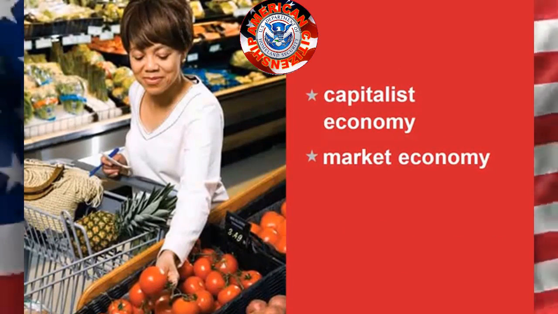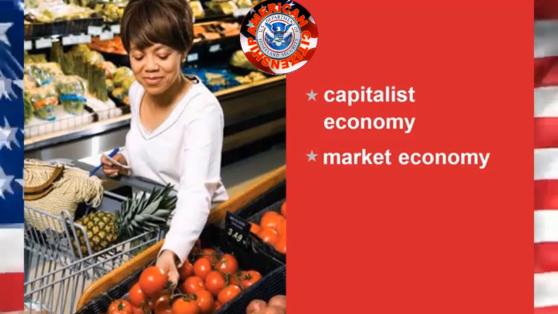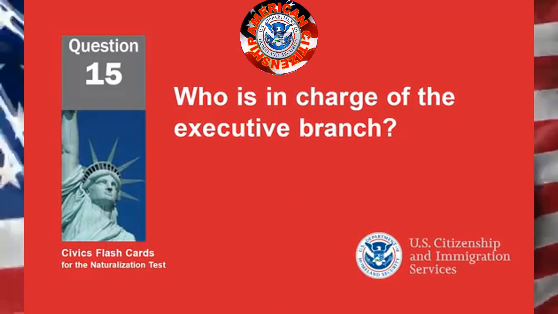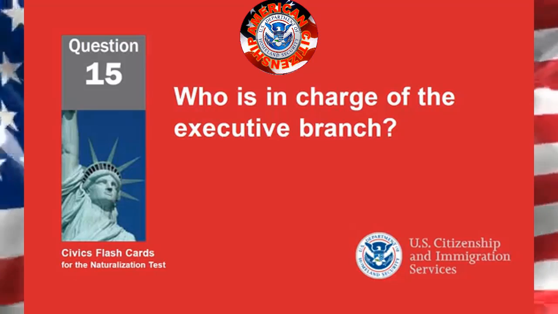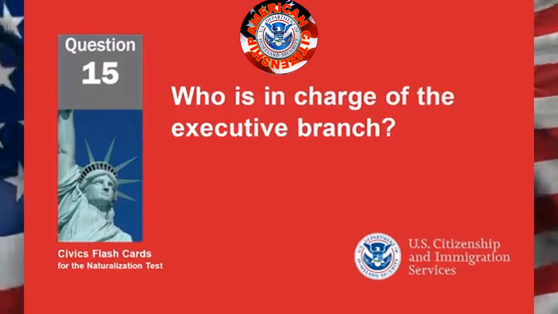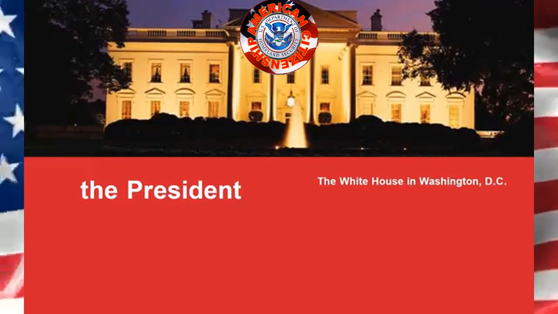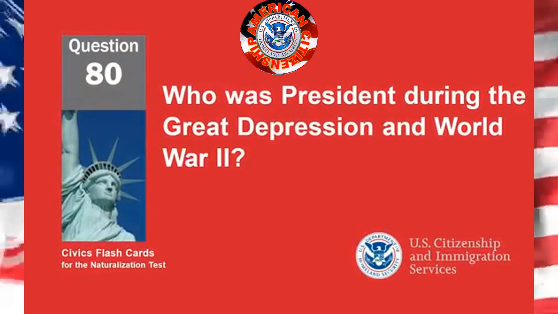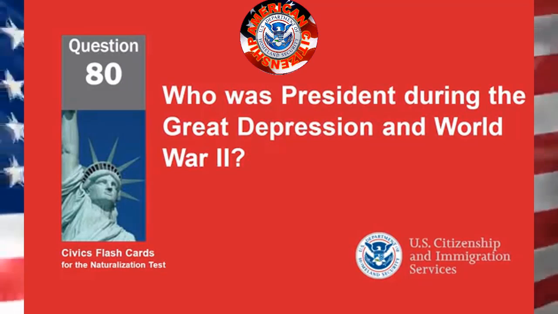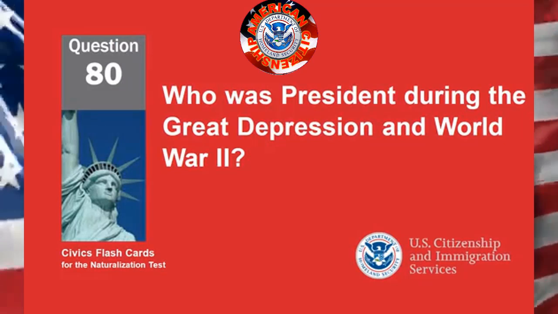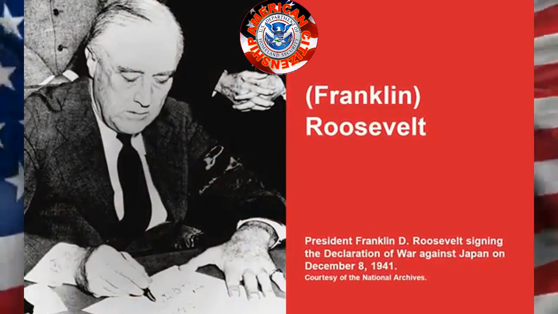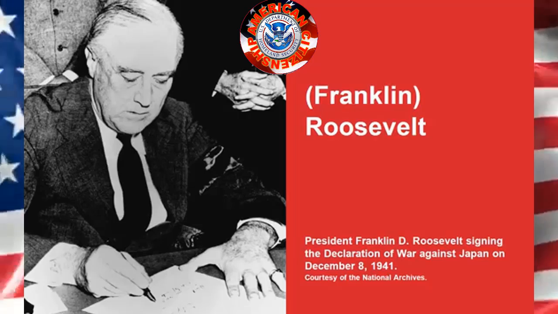Capitalist economy, market economy. Who is in charge of the executive branch? The President. Who was president during the Great Depression and World War II? Franklin Roosevelt.